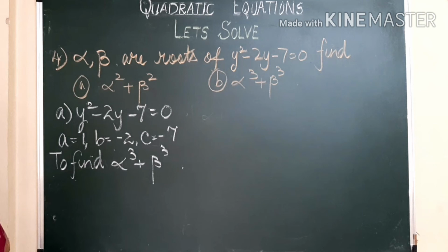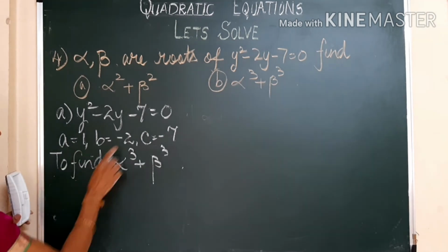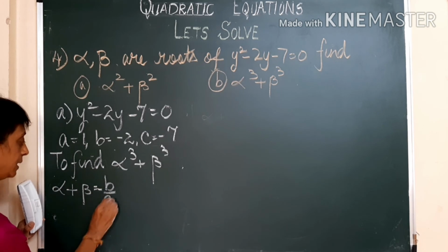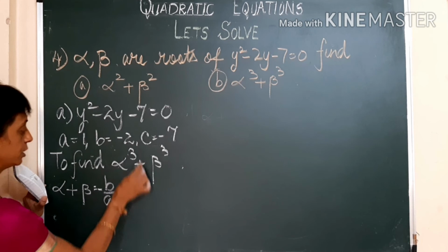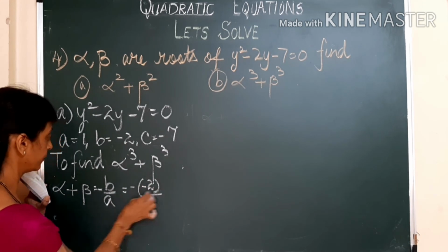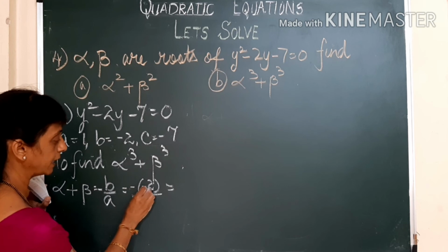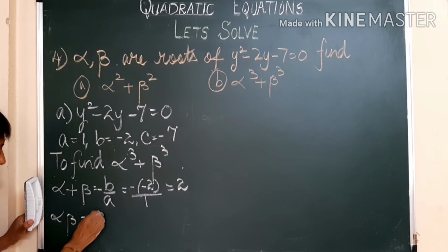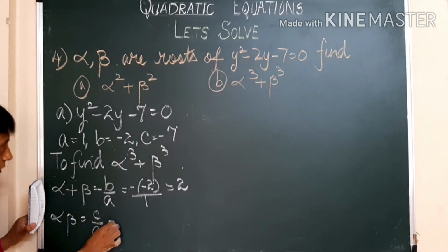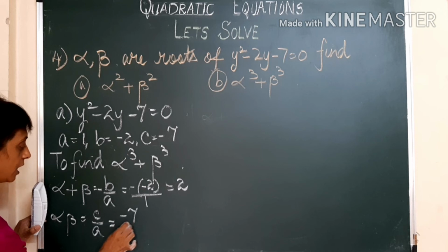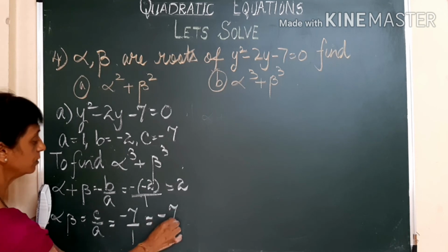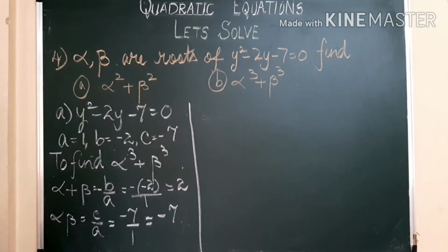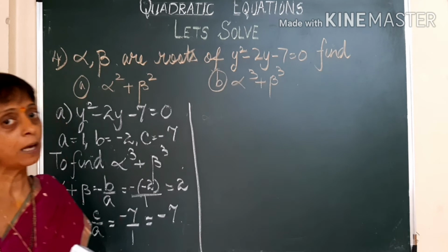Now again, we should know the formula. Before that, let's write down what is alpha plus beta, which is equal to minus B upon A, which was equal to minus into minus 2 upon 1, which is equal to minus into minus is plus, which gives only 2. And alpha beta is equal to C upon A, which will be equal to minus 7 upon 1, which is equal to minus 7. Let's proceed. Now, from alpha plus beta, can we get the value of alpha cube plus beta cube?